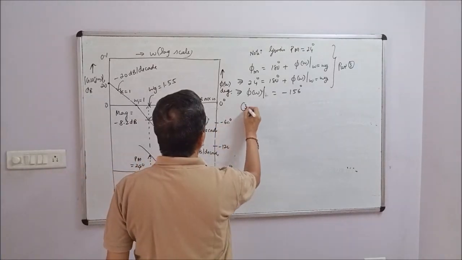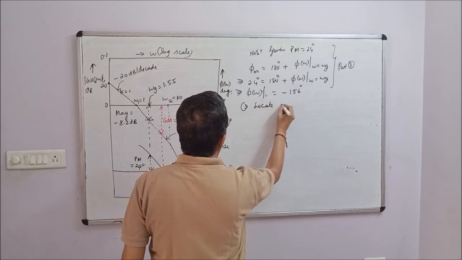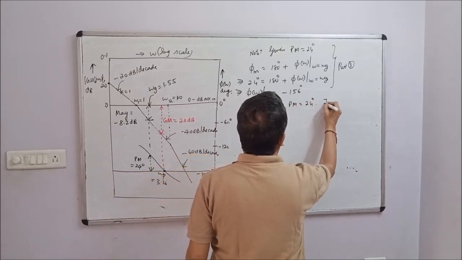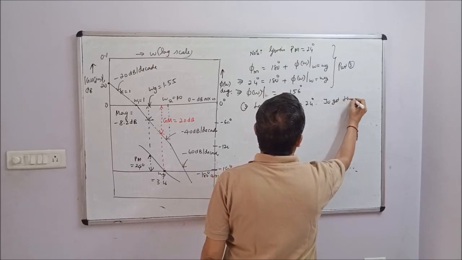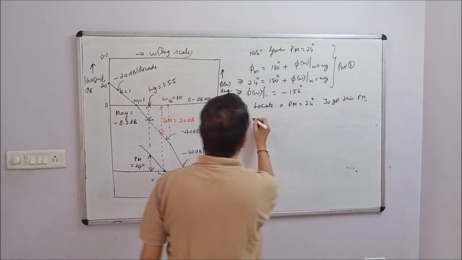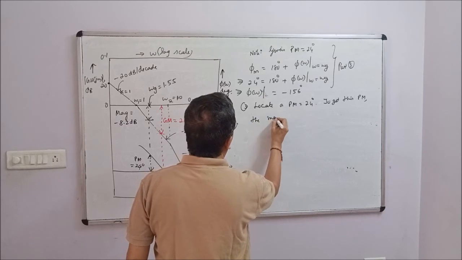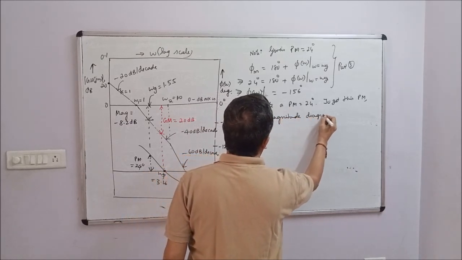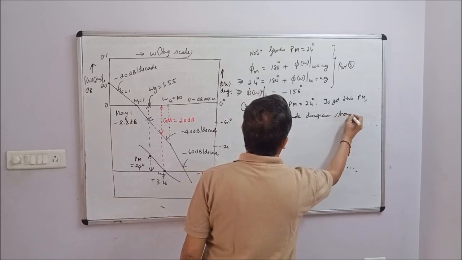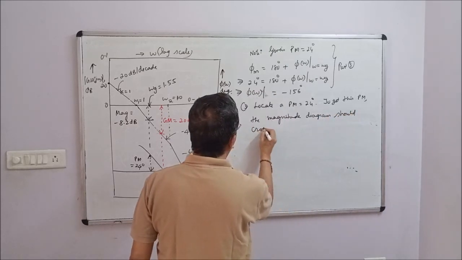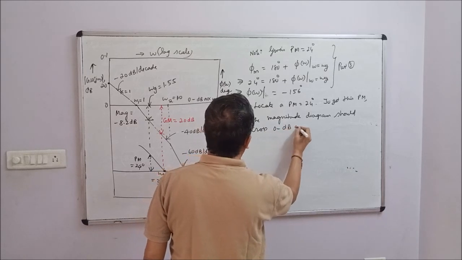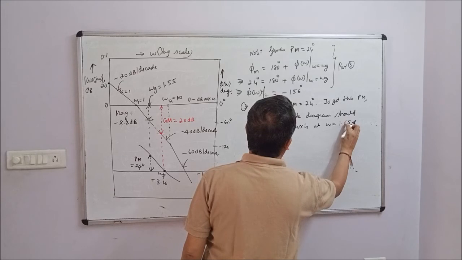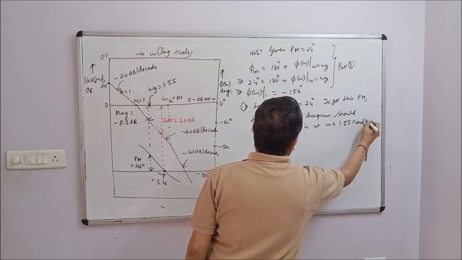So, third part, to get this phase margin of 24 degrees, the magnitude diagram should cross the 0 dB axis at omega equal to 1.55 radians per second.